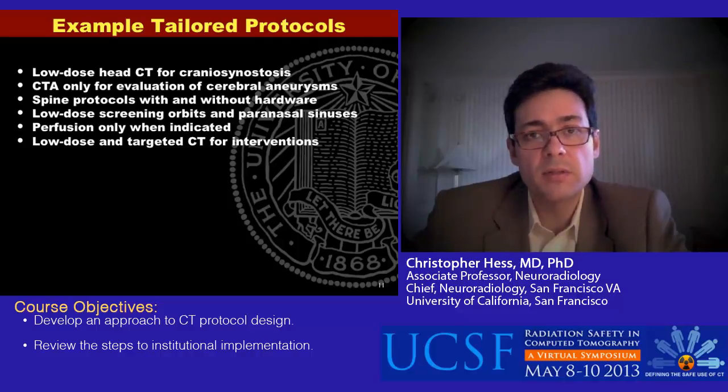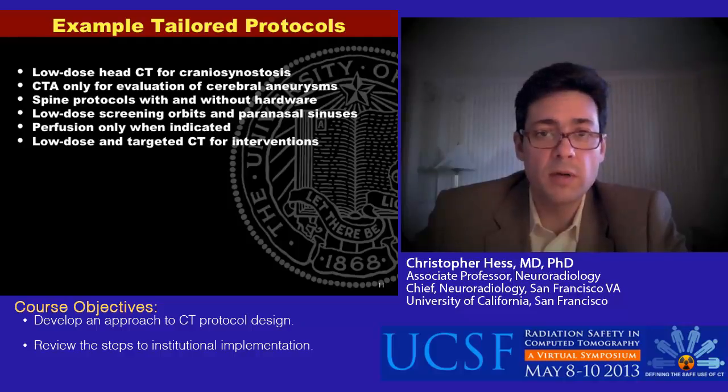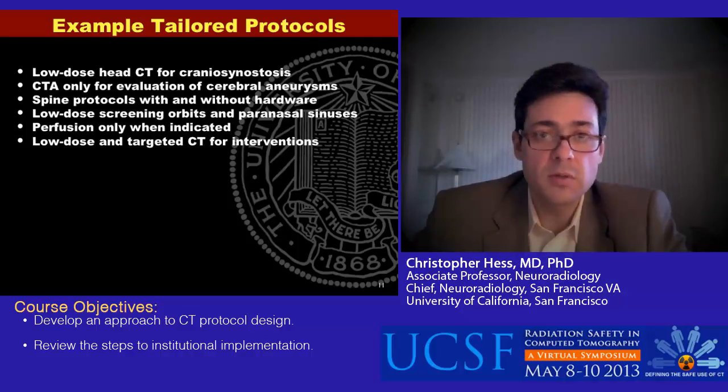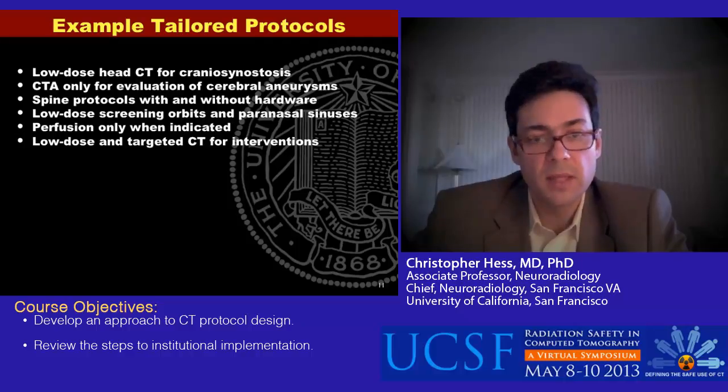Spine protocols in our practice have been adjusted for patients with and without hardware, and based on body part, the dose is much lower in patients with cervical spine imaging and considerably higher in those patients with lumbar spine imaging, especially if they have hardware. The dose is adjusted based on the indication.